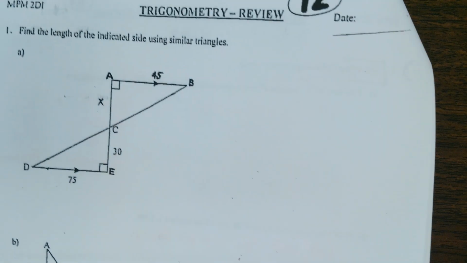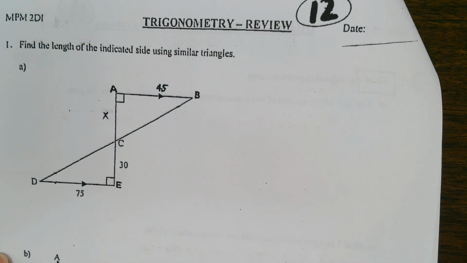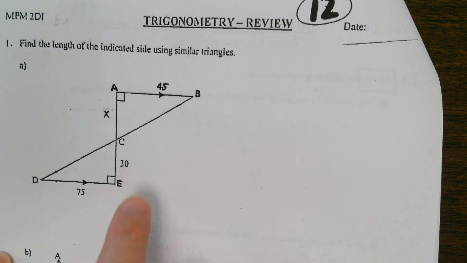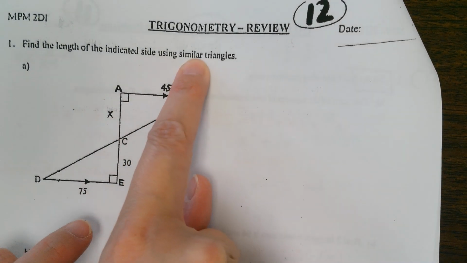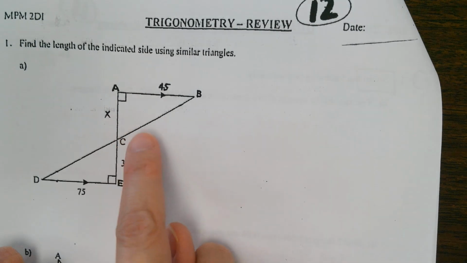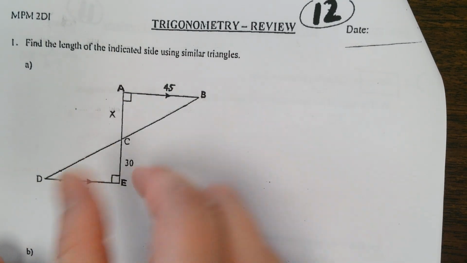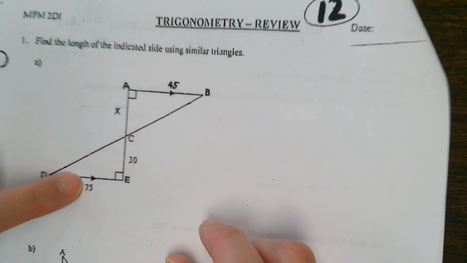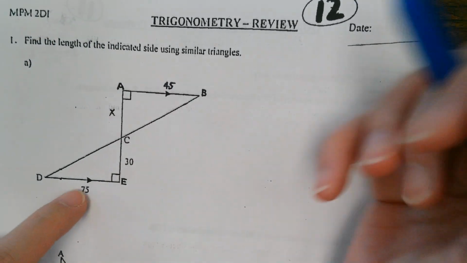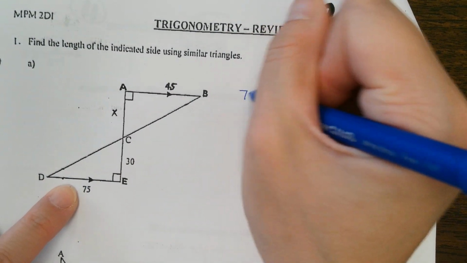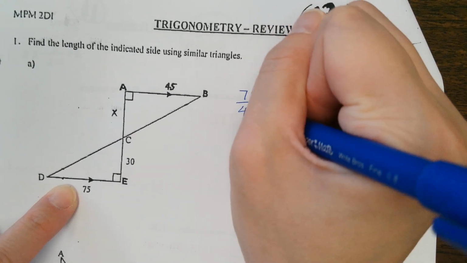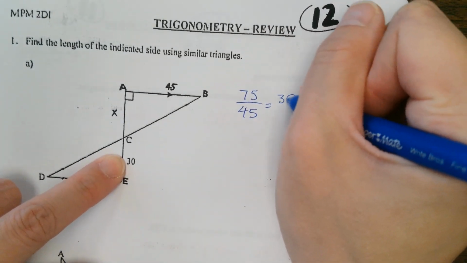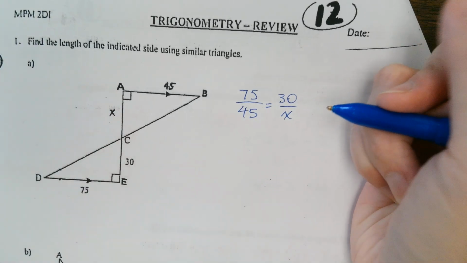Page 12. Moving on to geometry. Okay, so find the length of the indicated side using similar triangles. It even tells you what to use. You want to use similar triangles. So if you were to rotate this to this, you can see that you're comparing this length with this length, this length with this length. So to set it up, 75 over 45 equals 30 over x.